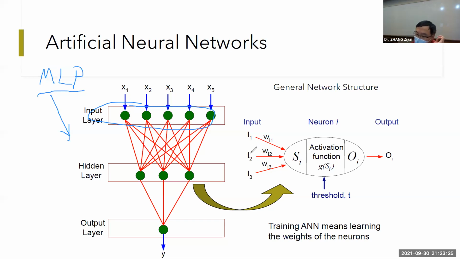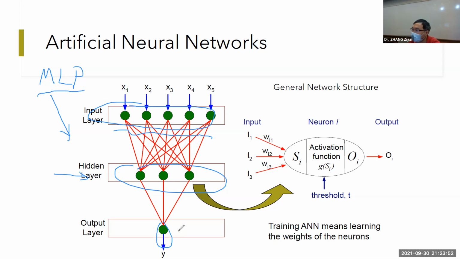People prefer to have fewer hidden nodes than input nodes because they want to regard this hidden layer as a dimension reduction of the original input dimensions. Then finally, the hidden layer becomes a new input to get the output y, the output layer.